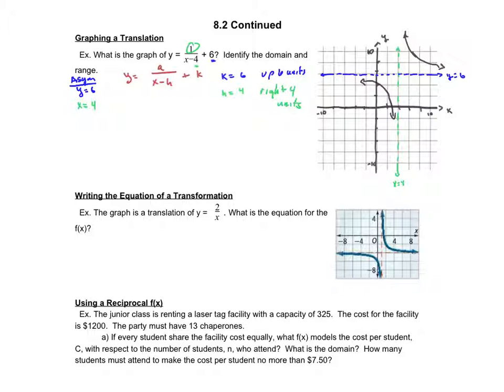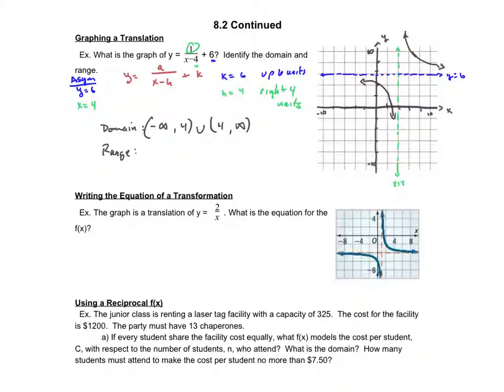And then what is the domain and the range? Well, my domain cannot be the value of x equals 4. So it would be from negative infinity to 4, and then from 4 to positive infinity, of course using parentheses because neither one of them are included.